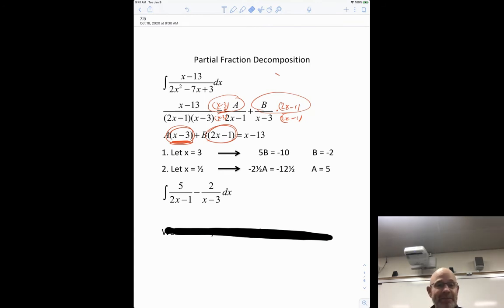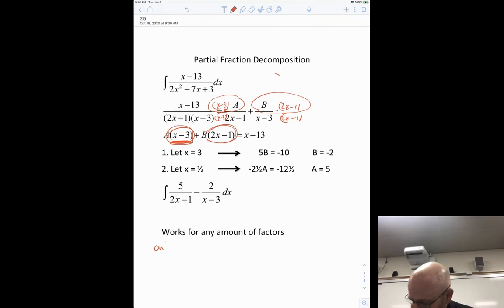All right. So this is a kind of a weird one. We're going to need it. It's pretty unlikely you'll see these, but you might see them. Just so you know, it works for any amount of factors, so you could have more than one factor in the bottom. But it only works if the power in the bottom is bigger than the power in the top.